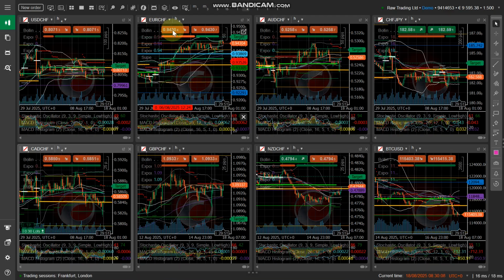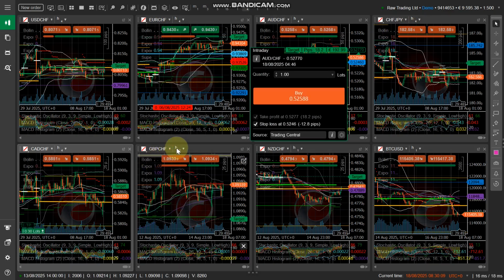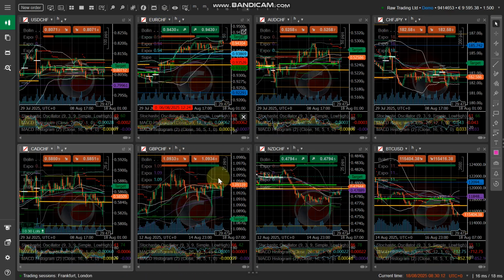Let's look at all these, GBP Swiss franc, Euro Swiss franc. Where are they in the universe? I need to put a line on this one. This one seems like I did it from the weekly upper part. Euro Swiss franc, they are able to stay above the weekly midline, and the daily reached.